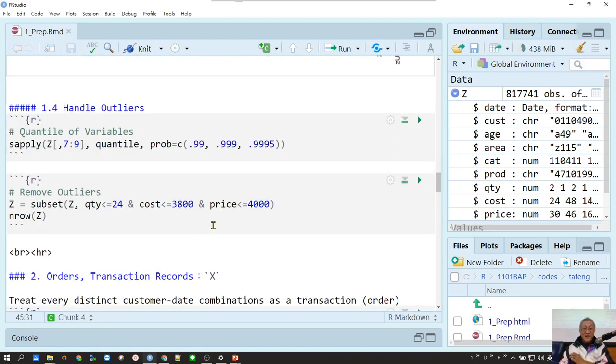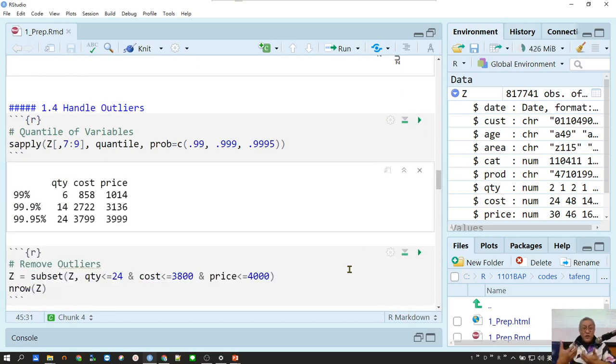Then I'm handling these outliers, right? Do you know what an outlier is? Do you want to define what an outlier is?